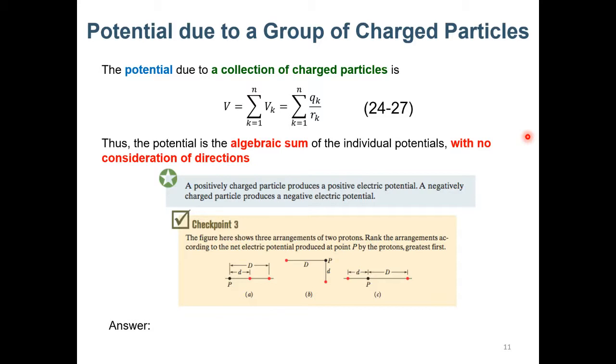So this is Checkpoint 3. The figure here shows 3 arrangements of 2 protons, so 2 positive charges Q or E. Rank the arrangements according to the net electric potential produced at the point P by the protons, greatest first.